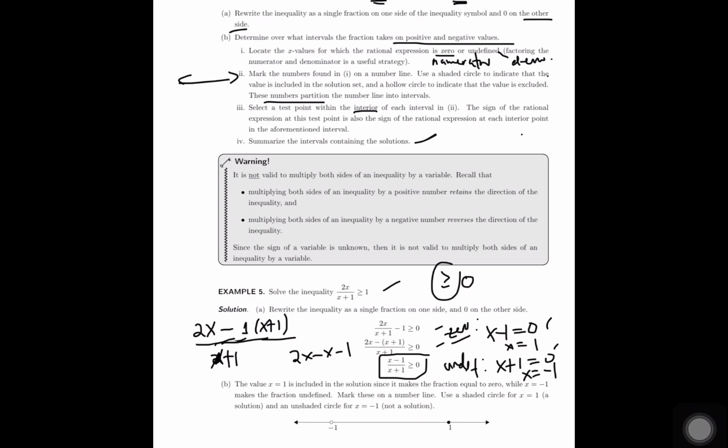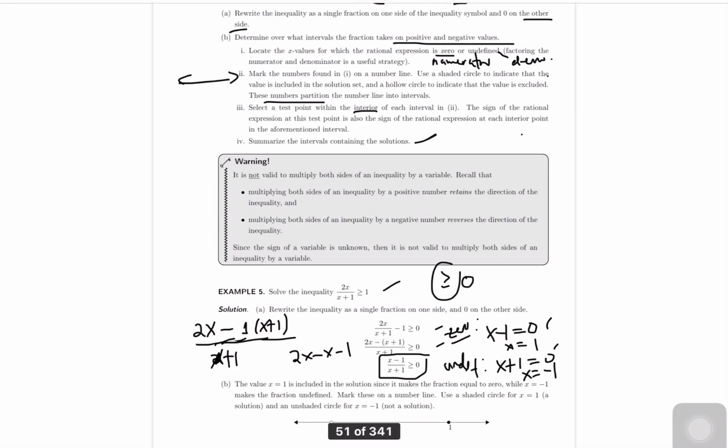If it is from the denominator, do not shade it. If it is the zero of your denominator, then your fraction is always undefined. That is why at x equals negative 1, which is in the denominator, it is hollow.